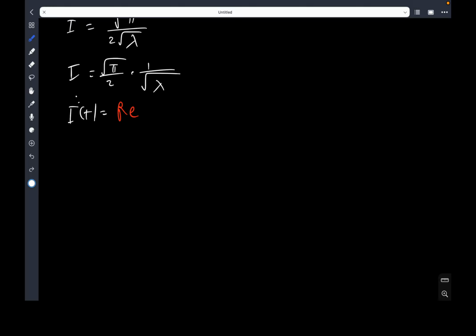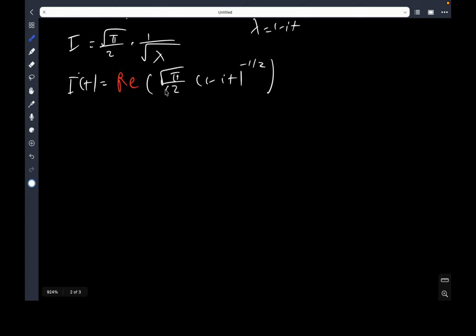The real part of root pi over 2, 1 minus it, since lambda is 1 minus it, to the negative half, and we can move this out here. I prime of t is root pi over 2, the real part of 1 minus it to the negative half.